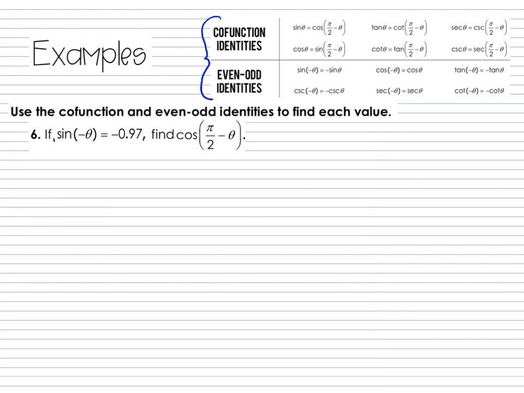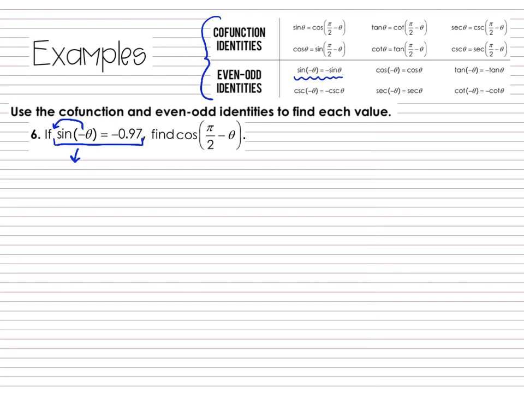Let's start with the equation that we're given. If the sine of negative theta equals negative 0.97, instead of sine of negative theta, we can take that negative and pull it out, just like in the even-odd identity.